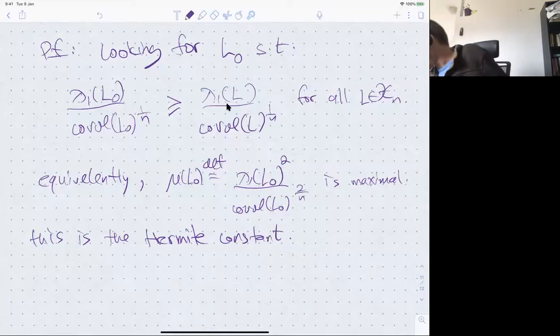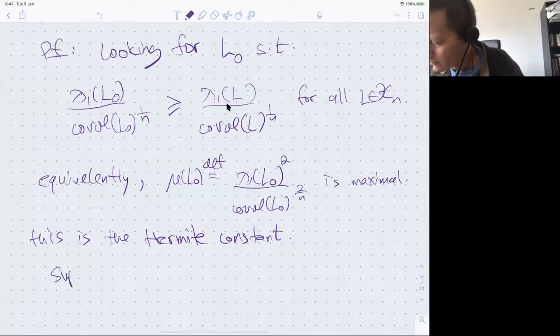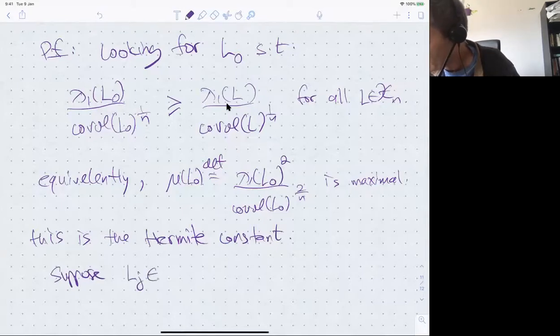So let's take now a sequence of LJs. And as Manuel anticipated, we can take them to be in Xn.